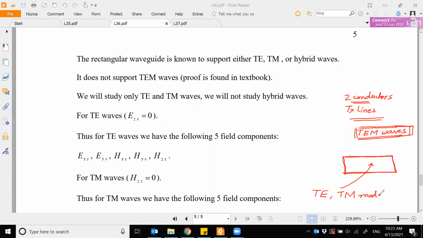They are more or less the same. So they support only TE and TM modes, but not TEM mode. TEM mode is not supported in our rectangular waveguide.